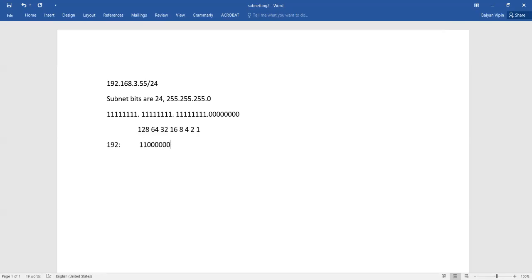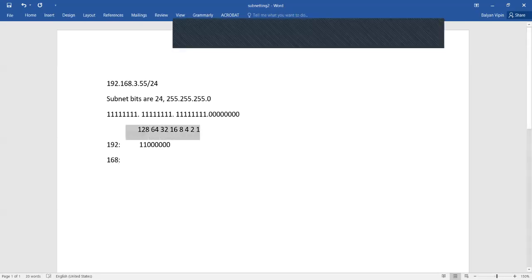Now 168. You need to find the addition of these numbers; there will not be any other combination except these numbers. 128 plus 32 plus 8 makes 168, since 128 plus 32 is 160, and then 8.